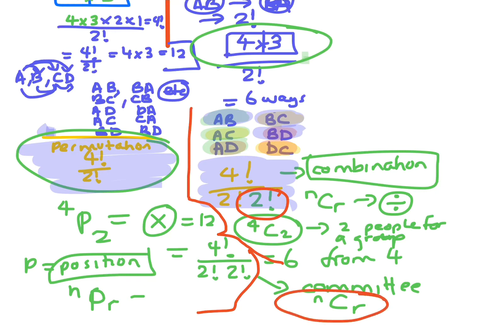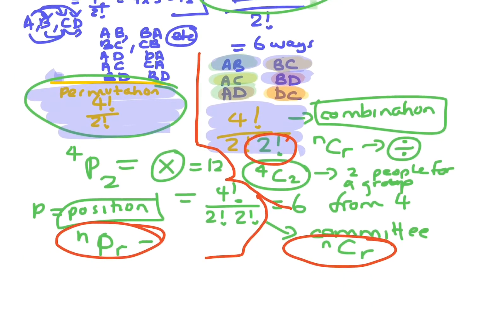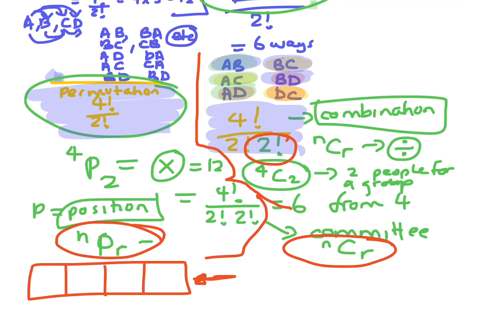And a quick and easy way for the committee one is using the NCR button. I don't particularly like using the NPR for position. I would prefer you use the box method. It is your choice. Some people are very good at that. But when you have restrictions, just simply learning the NPR button causes a lot of problems.